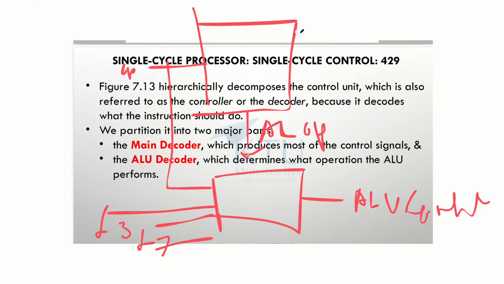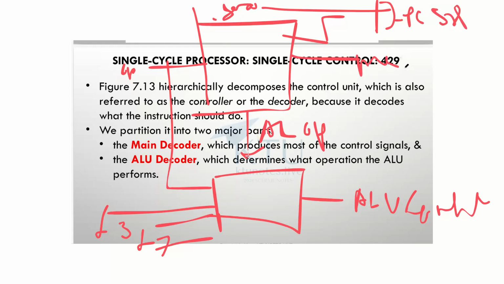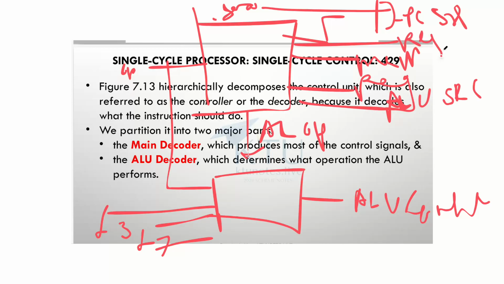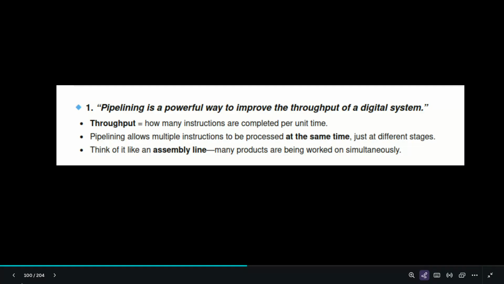Now from the branch, we are going to AND it with the zero flag. Then you get the PCSrc. Then from the main decoder you have memwrite, regwrite, ALU source, result source, and immediate source is also here, so you have to write the immediate source. So these things you have basically.